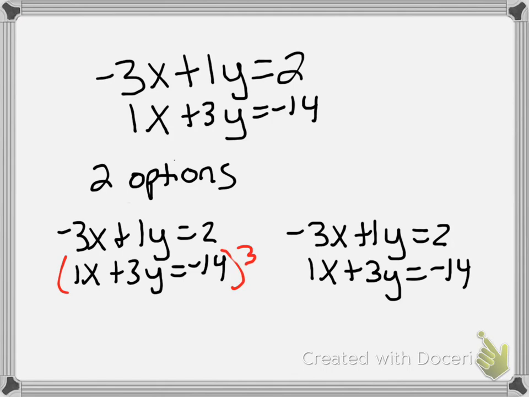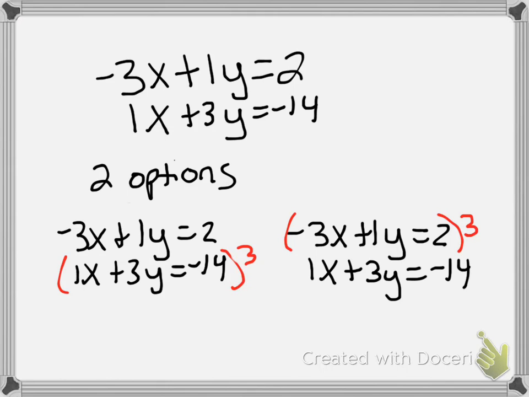I could have, in this case, canceled the y values if I wanted to. I had a 3y at the bottom, so I could very easily multiply the top equation by 3, and that would give me a positive 3y in the top equation. So then my y's would have canceled. So again, both ways would work. It's just up to you on whichever one popped into your head first.